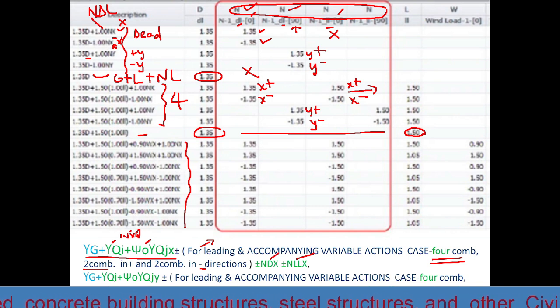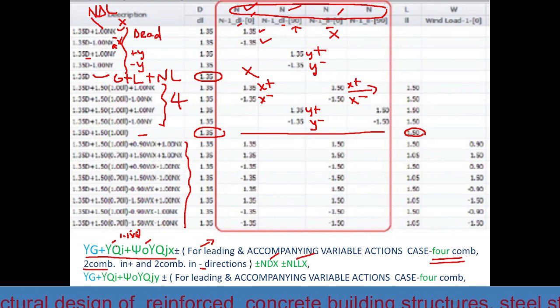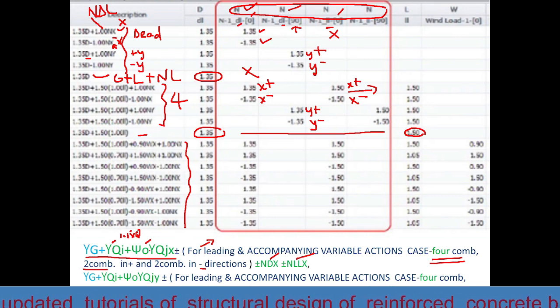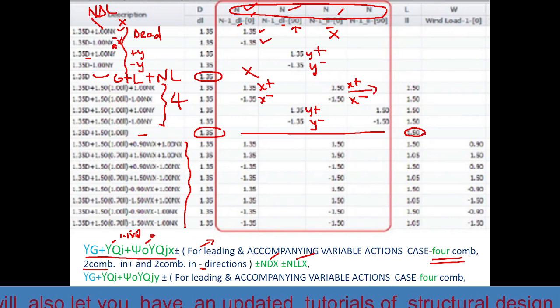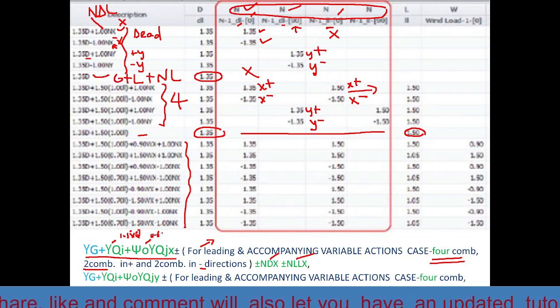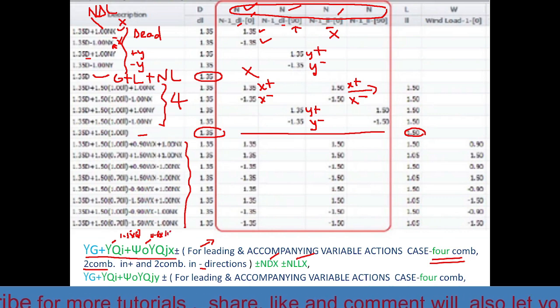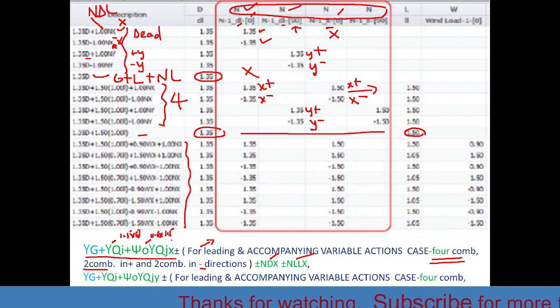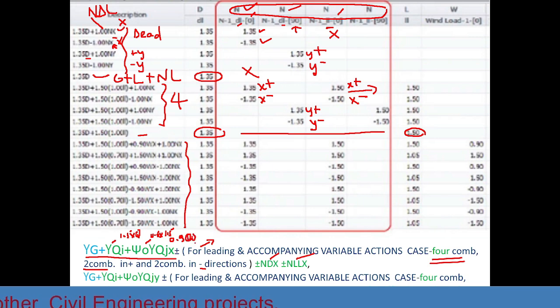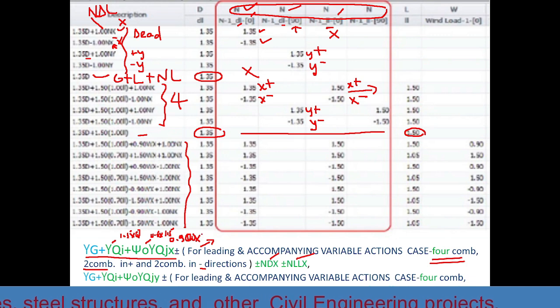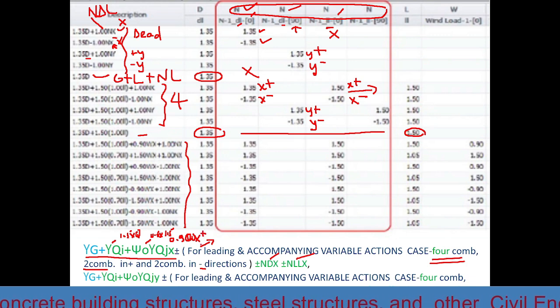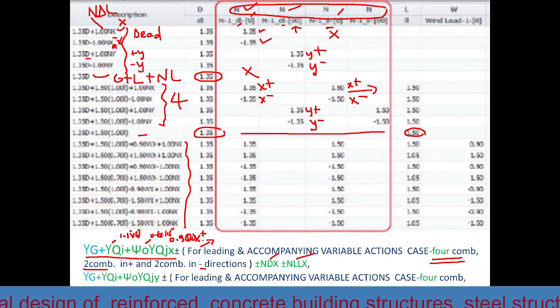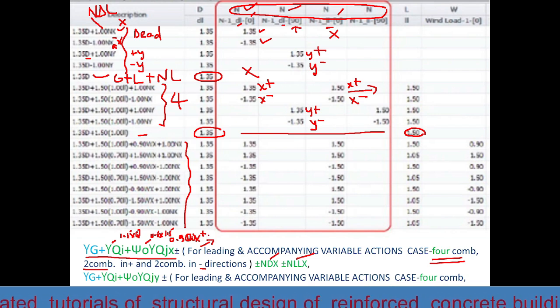So suppose this is the floor live load and this is the wind load. Here it is 0.6 times gamma, that is 1.5. How much is it? 0.6 times 1.5 is 0.9. So 0.9 multiplied with the wind in x positive direction. So this is one of the combinations in x direction, that is x positive.